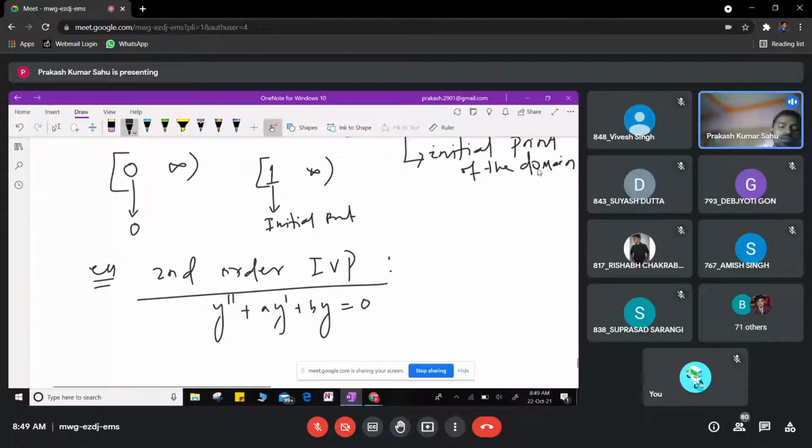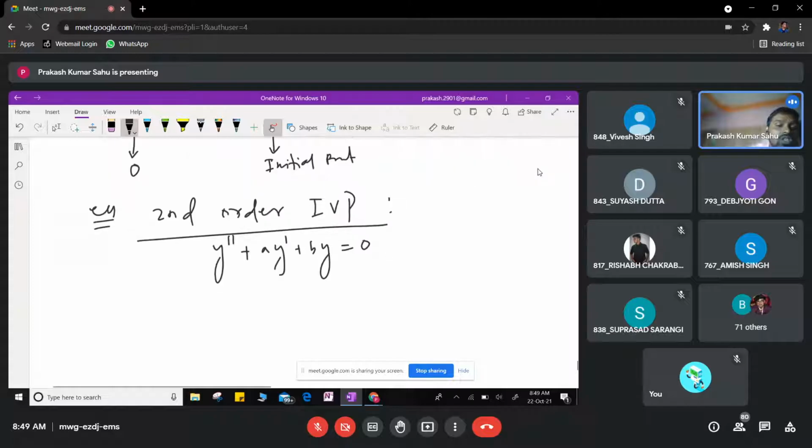I am just writing a simple differential equation. Here two initial conditions are needed. Understood my point? Whatever be the order of the differential equation, the number of initial conditions is the same as the order. If it is a second order differential equation, then two initial conditions must be given.